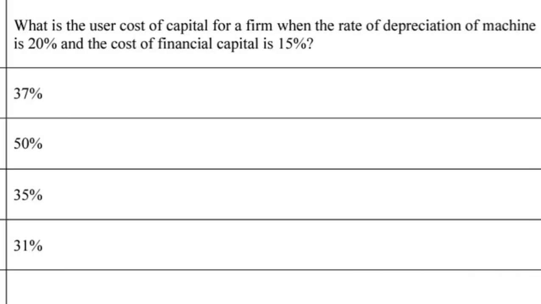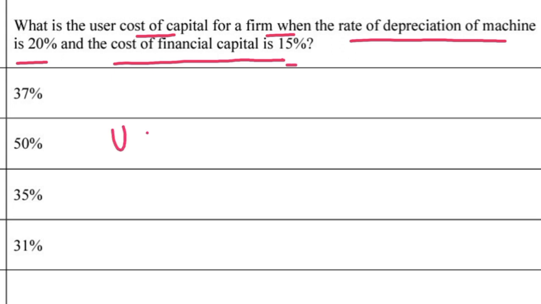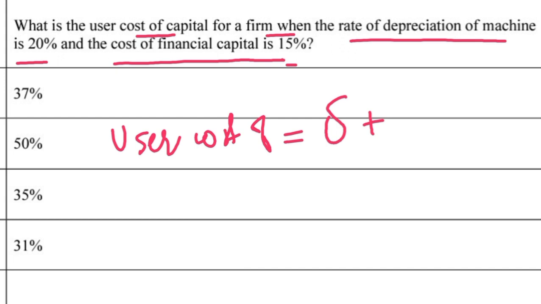Next question is like this. What is the user cost of capital for a firm when the rate of depreciation of machine is 20% and the cost of financial capital is 15%? So user cost of capital is simply equal to the depreciation plus the rental rate of capital.